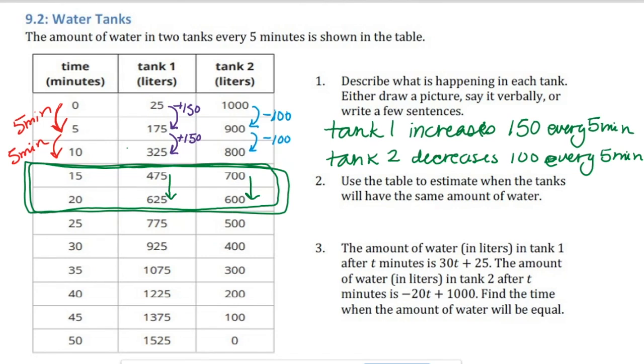So at some point in here, they will have the same amount of water. So somewhere between 15 and 20 minutes, they should have the same amount of water. We don't have to know exactly when yet, but we will find out.